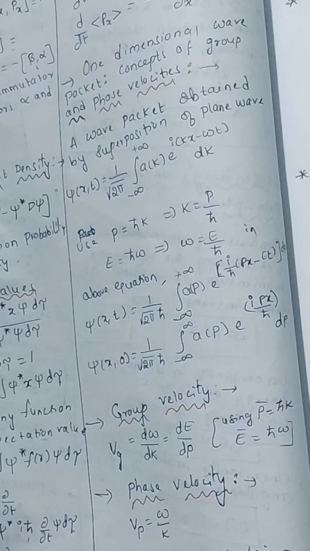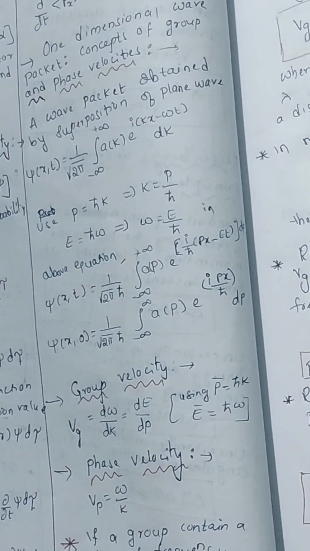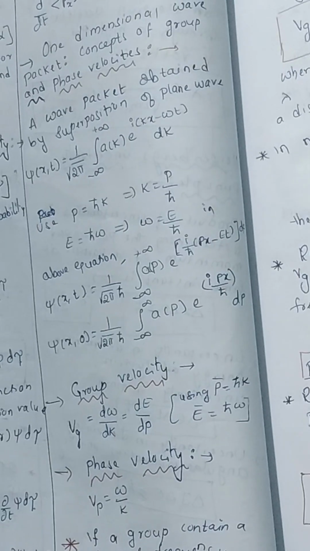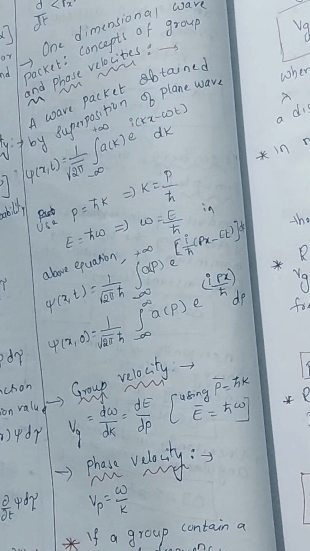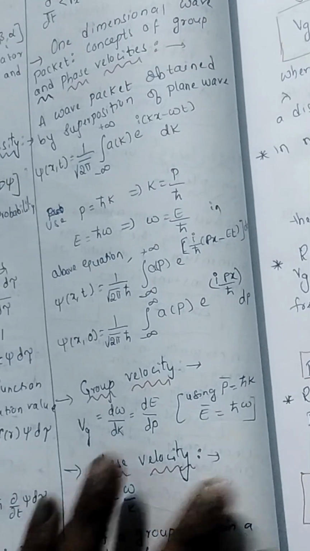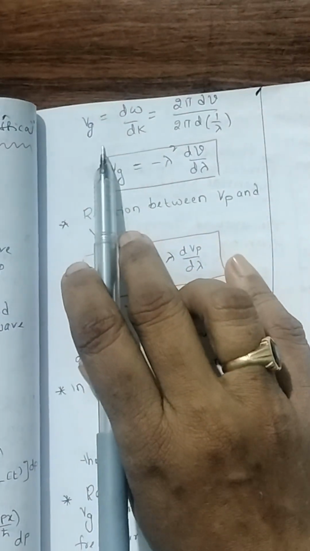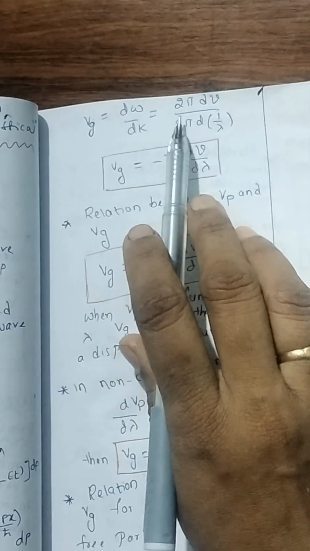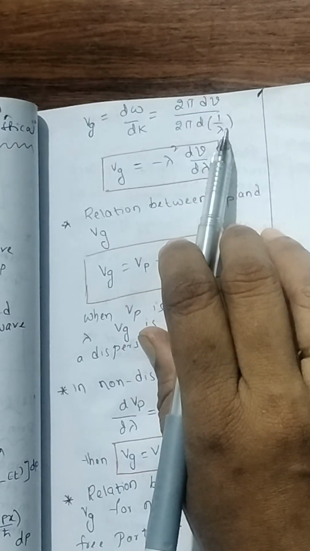Now, if a group contains a number of frequency components in very small frequency intervals, then we write Vg equal to d omega by dk, that is equal to 2 pi d nu by 2 pi d of 1 by lambda.